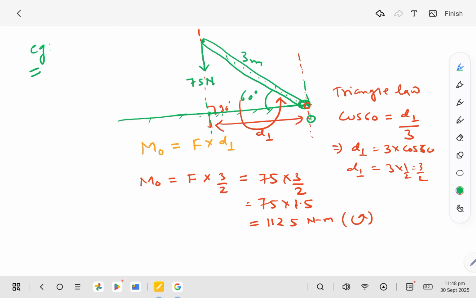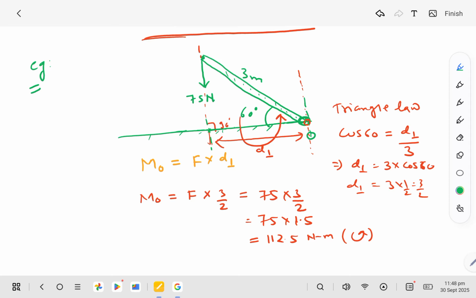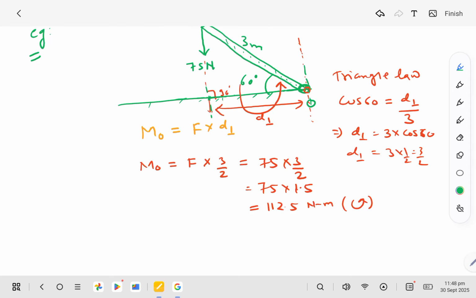So the moment of the force about this axis is 0. Only about this other axis will we get the finite moment of force. There are many examples, so I will discuss more examples later.